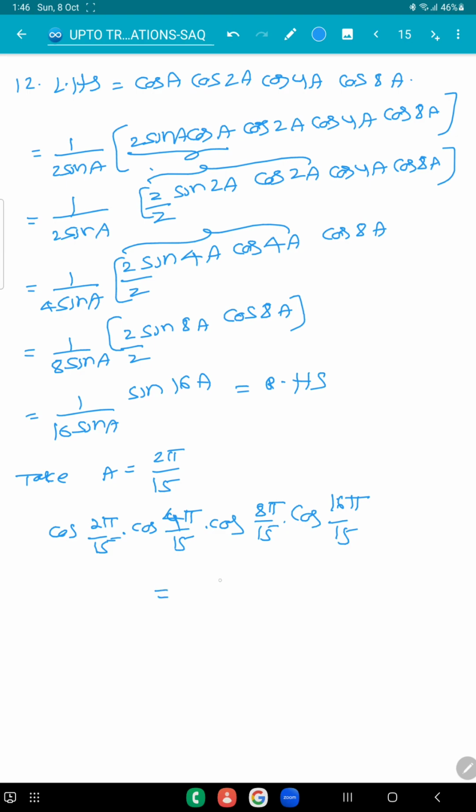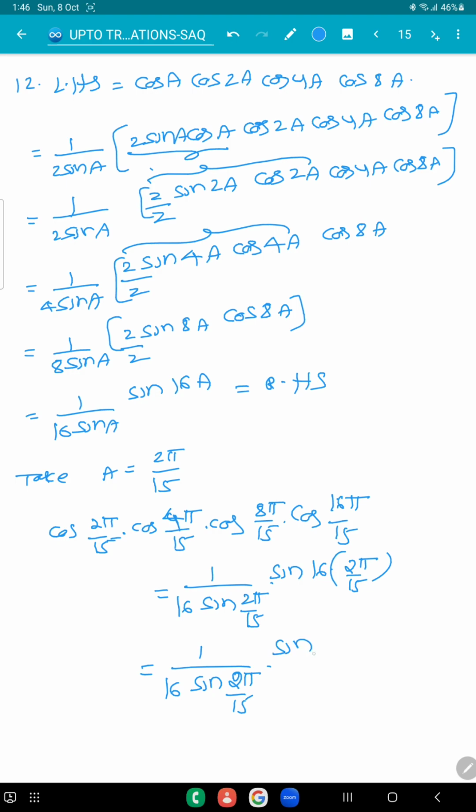The right hand side is 1 by 16 sin a, which is sin 2 pi by 15, into sin 16a, which is sin 32 pi by 15.